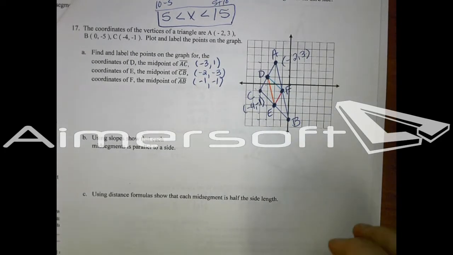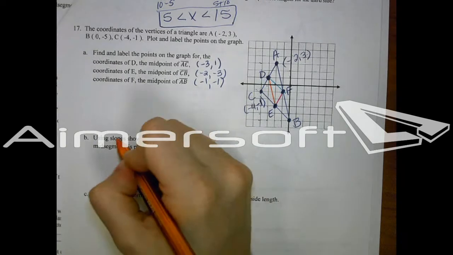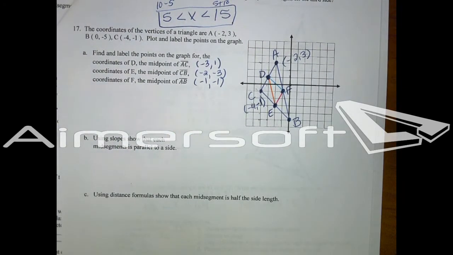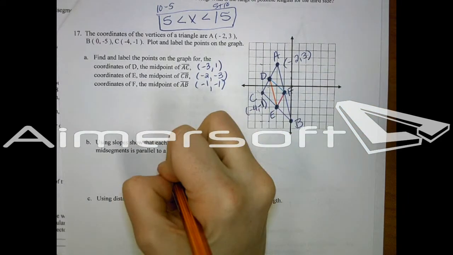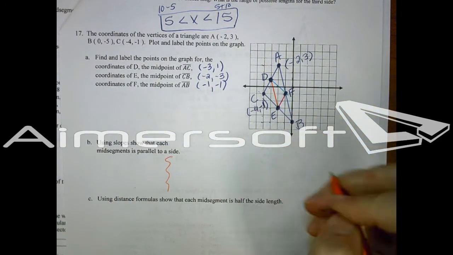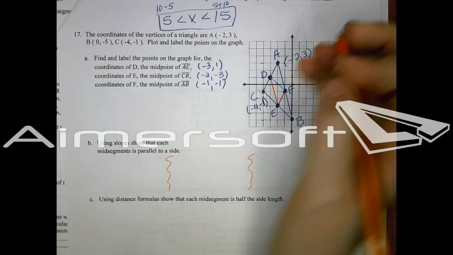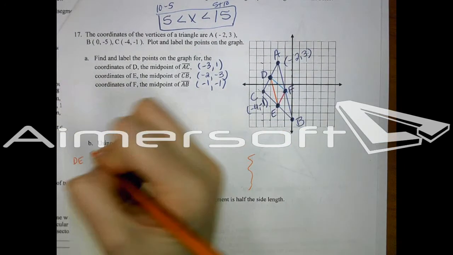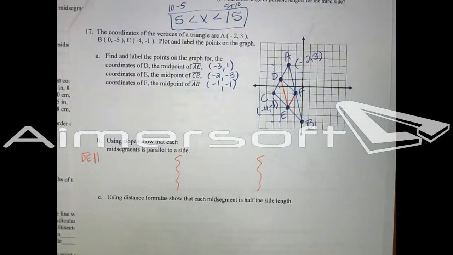So, first of all, I need to calculate the slope, or use the slope, in order to show that the segments are parallel. And you need to do this with each mid-segment. So, if I'm talking about DE first, I want to show the segment DE is parallel to another segment.